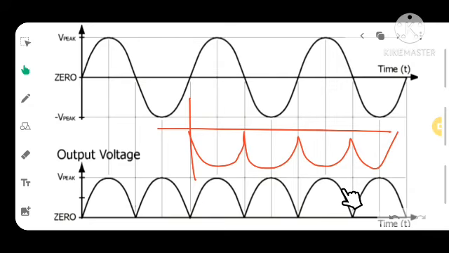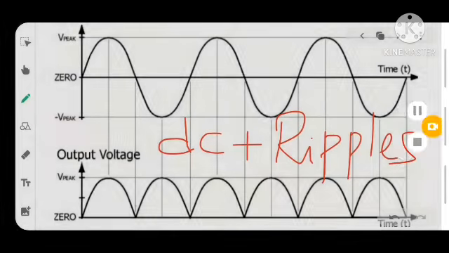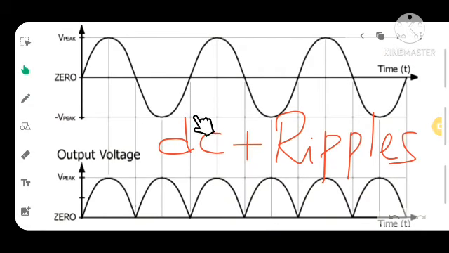It maintains a DC peak value, V peak, but it is not exactly DC because you can see the waveform is varying with time. So it consists of AC components, that is, ripples. Obviously there is a DC part, but it also consists of ripples, that is, AC components.